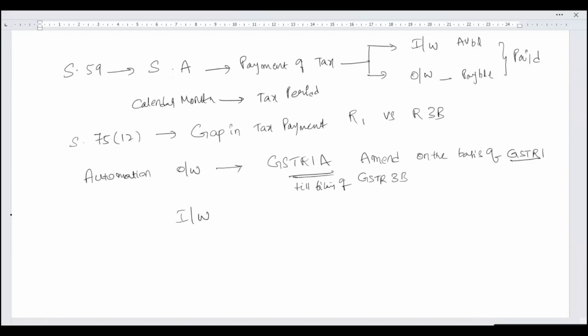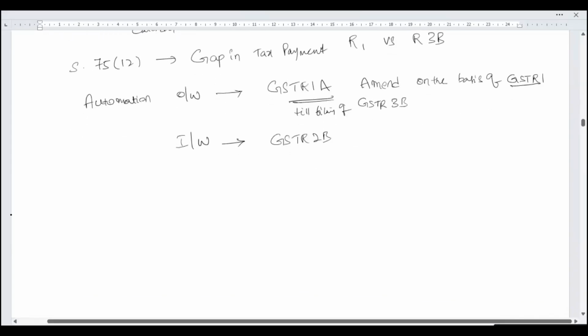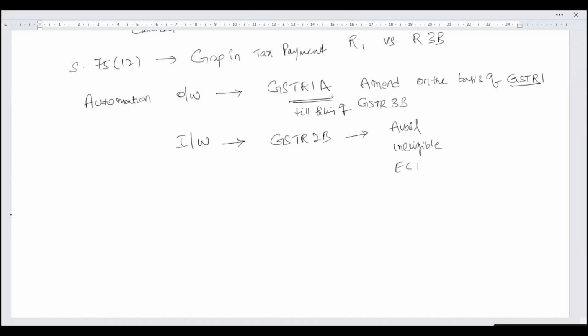Then with respect to inward supply, there is an automation of input tax credit from GSTR 2B. When there is an auto population of input tax credit from GSTR 2B, government has expected that either you avail input tax credit or mark as ineligible input tax credit or park in your electronic credit reclaimable statement. This availment happens in table number 4A.